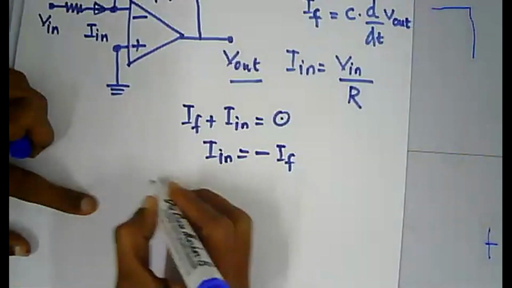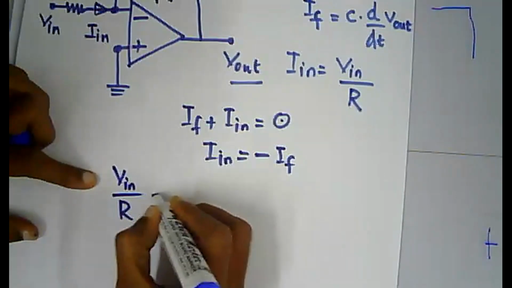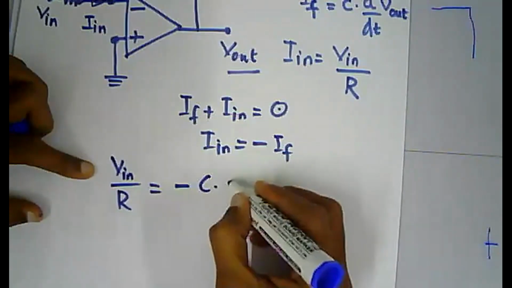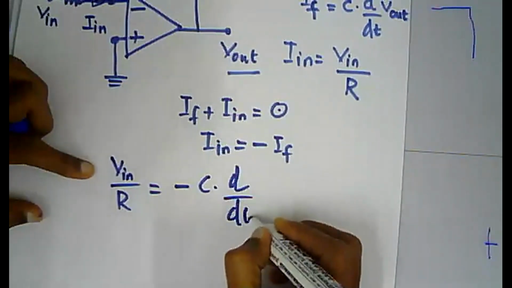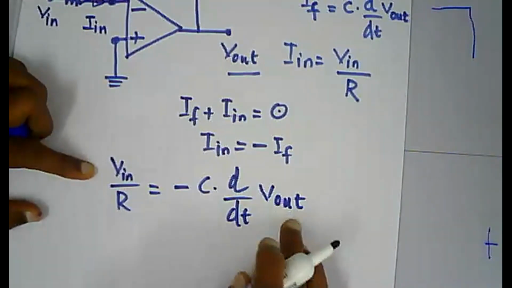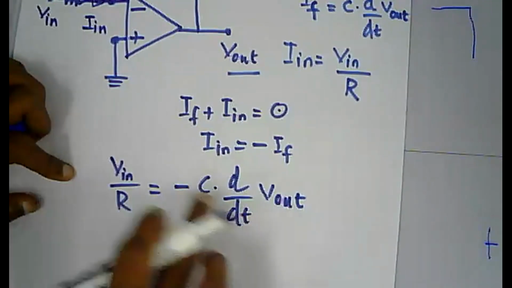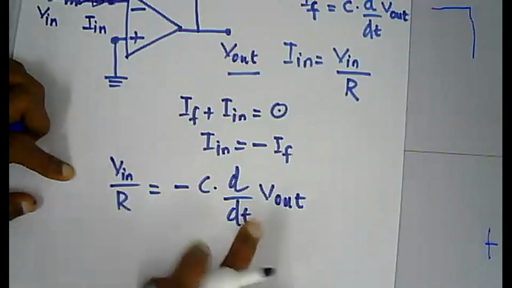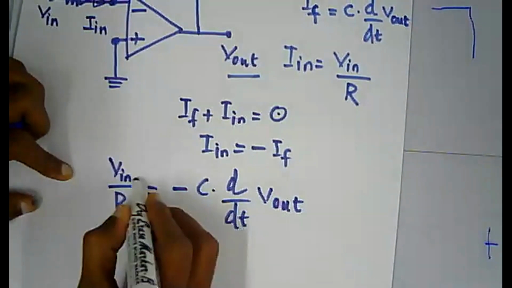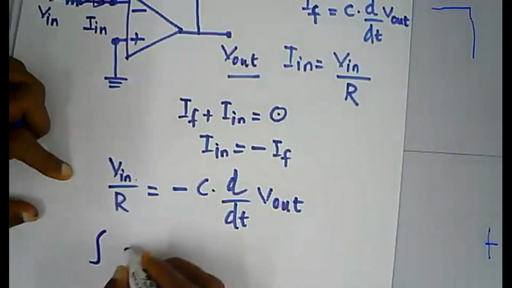So your V in over R equals minus C into d/dt of V out. Now we need the equation in terms of V out. Cross multiply this with dt and integrate both sides.